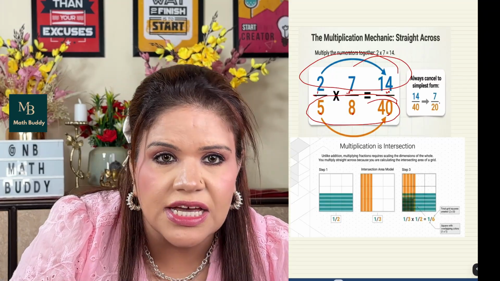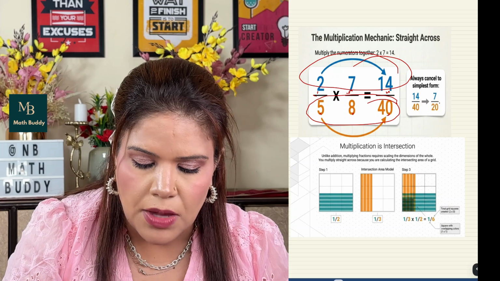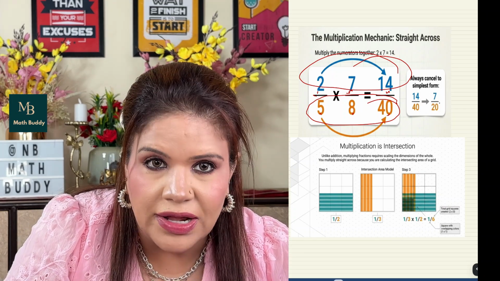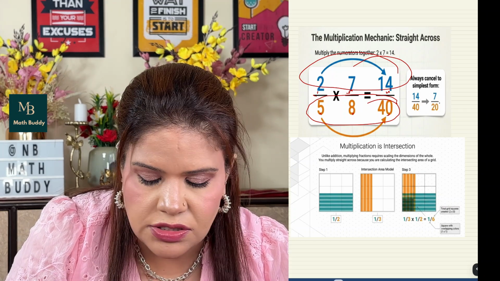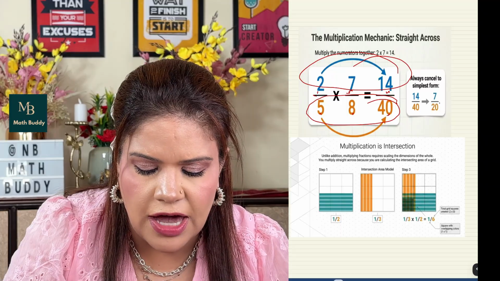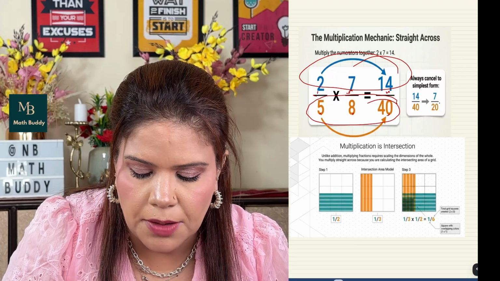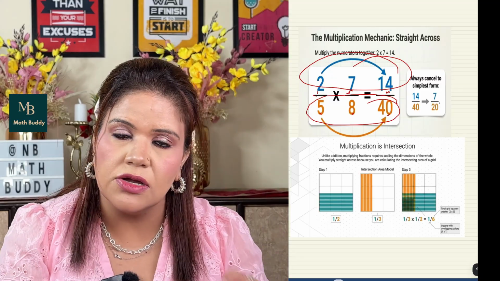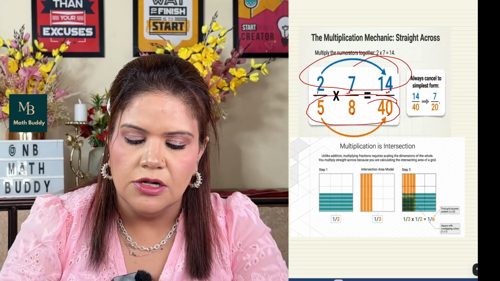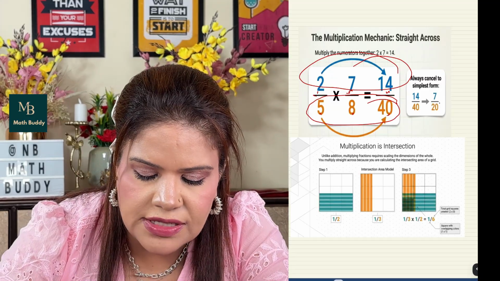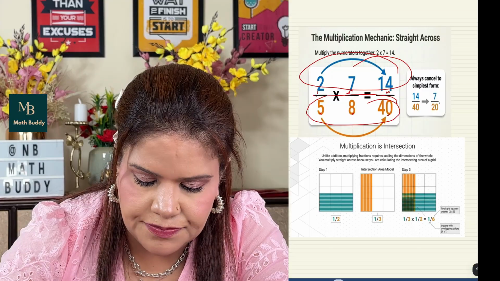They won't exchange their houses. 2 will meet 7, get multiplied straight across and give me 14. The bottom number will multiply with the bottom number and give the answer of the denominator. So you will always get the number like this.